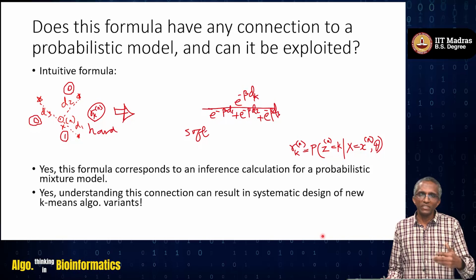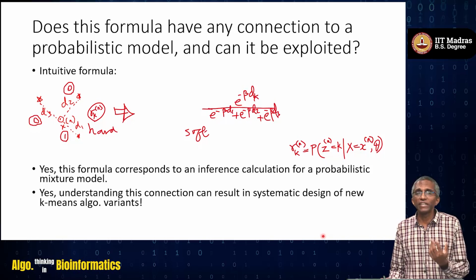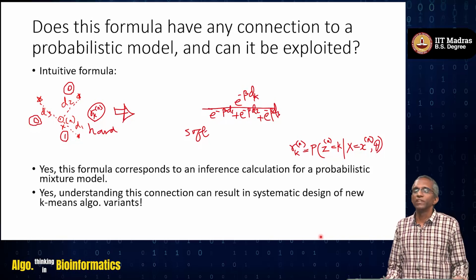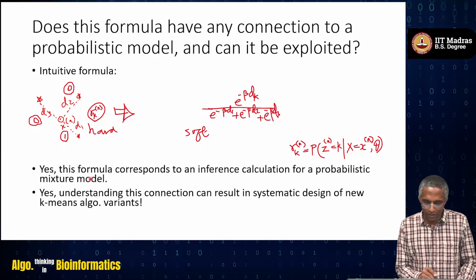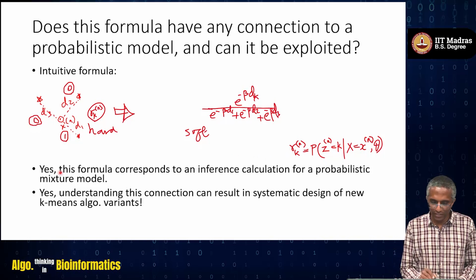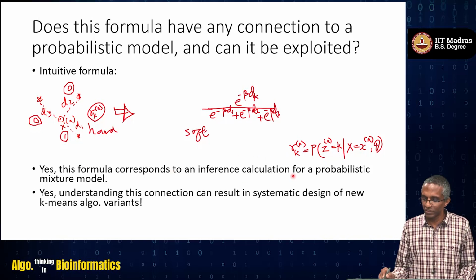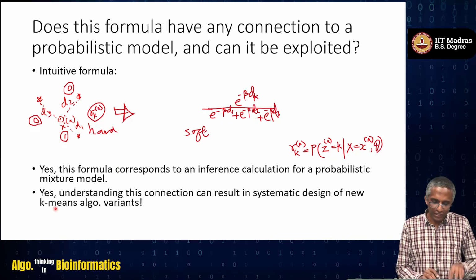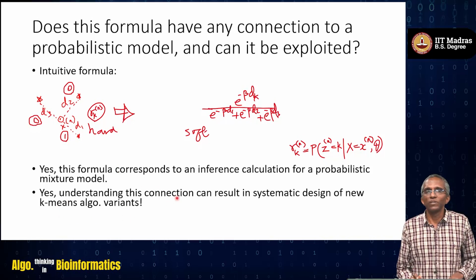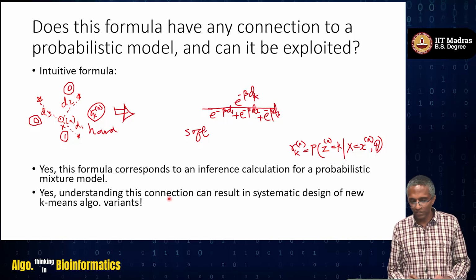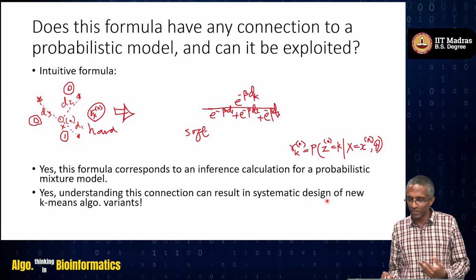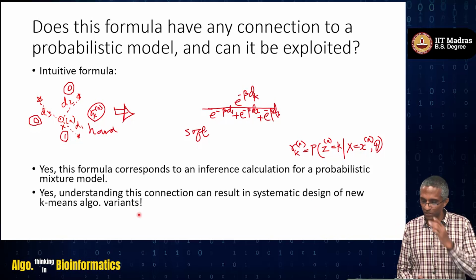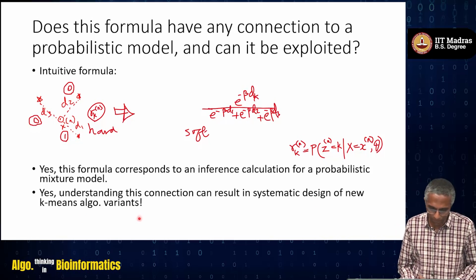So you may already see some connections, but let us make it explicit and see if that can be exploited to come up with new variants of the k-means algorithm. What I will say is that yes, this formula does correspond to an inference calculation for a probabilistic model called a mixture model. And understanding this connection, and we will spend some time on it, can result in systematically designing new variants of the k-means algorithm.